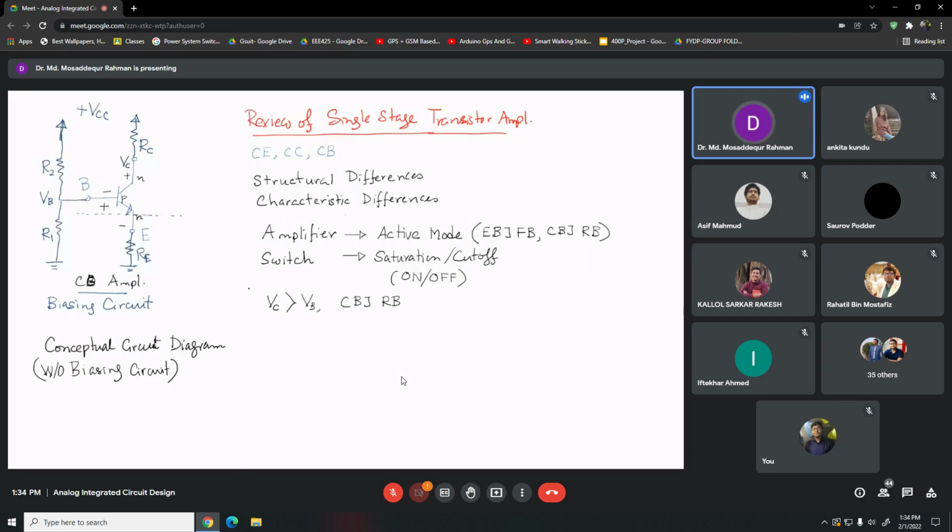And for the emitter base junction to be forward biased, VB has to be greater than VE. That is our voltage VBE. Usually for a silicon PN junction, VBE is about 0.7 volt.